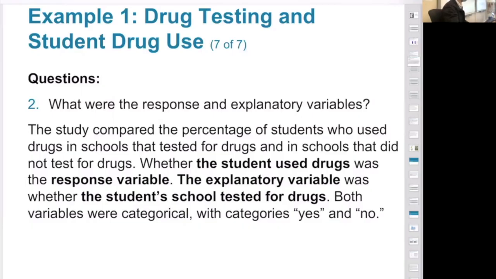So whether the student used drugs or not was the response variable, and the explanatory variable is whether the student's school tested for drugs. Explanatory means independent; response means dependent variable.